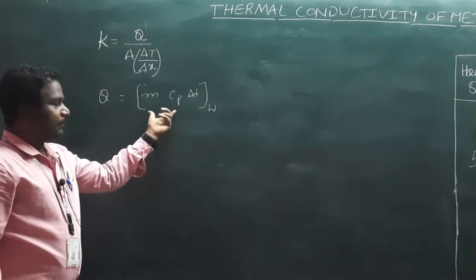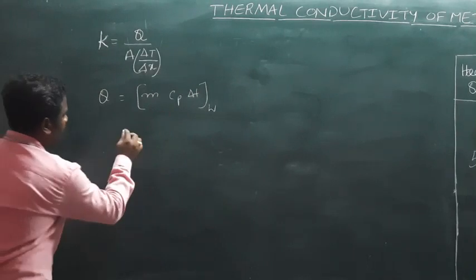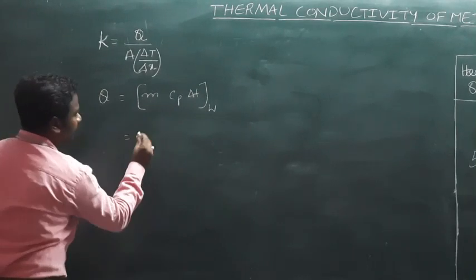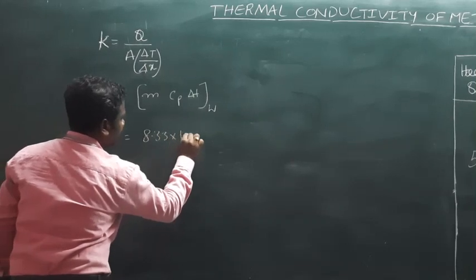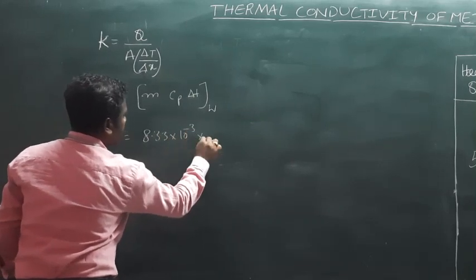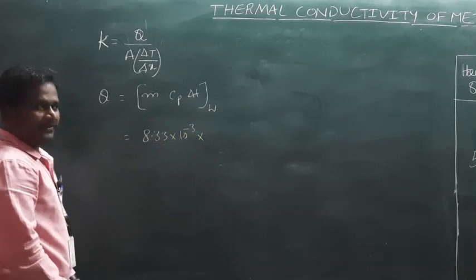That's why I applied this formula, and the mass flow rate of the water is 8.33 × 10^-3. All of you know the specific heat of water.